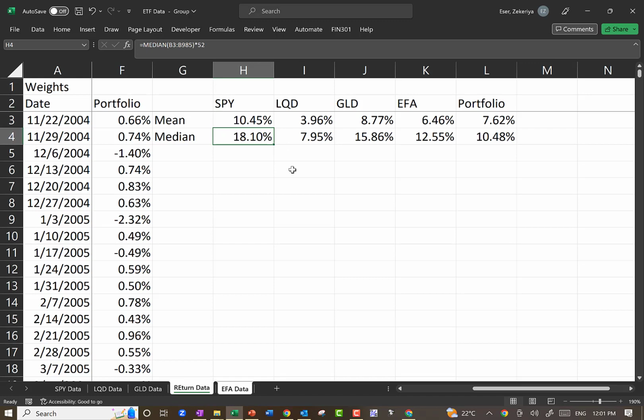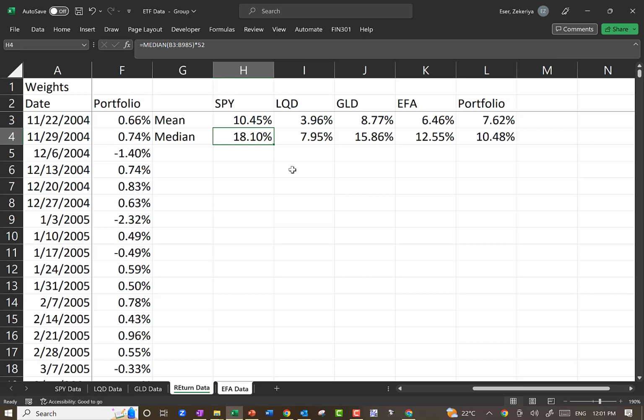In all 4 asset cases, the median returns are much higher than average returns. That pretty much tells you that these returns have what we call a left skew. The left tail is longer because when it skews to the left, median is always greater than the mean.